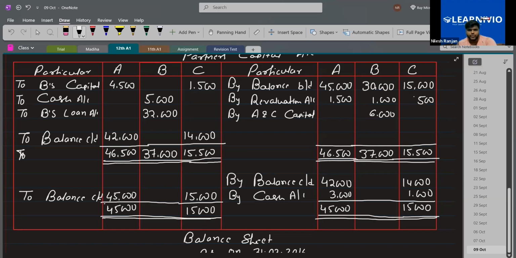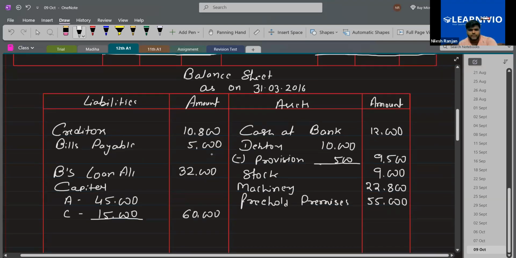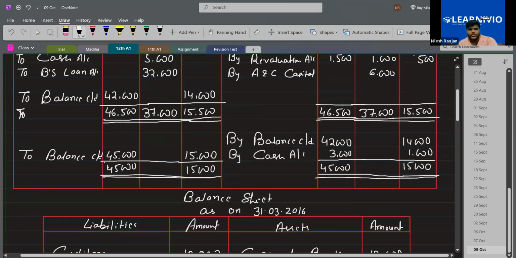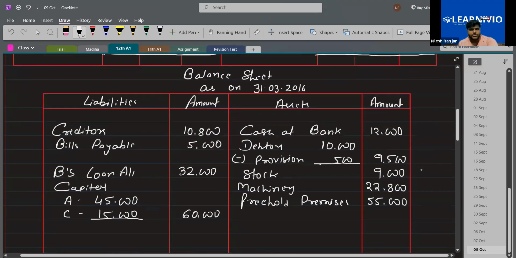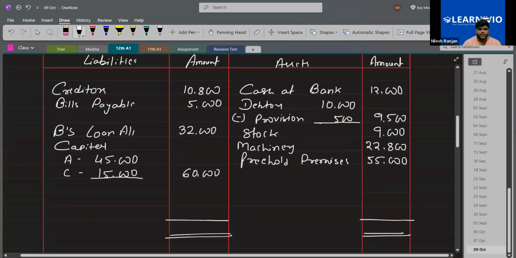So 42,000 and 40,000. Okay, so 3 and 1, 3, 1, 4, 13, 4, 17 minus 5 will be.